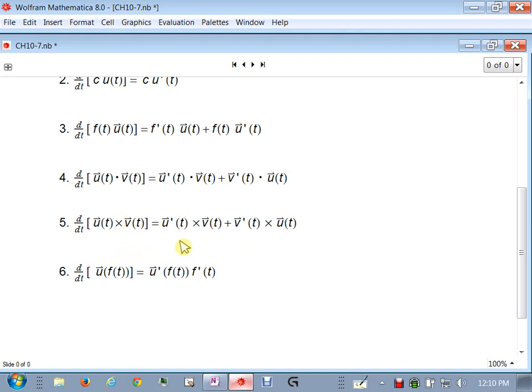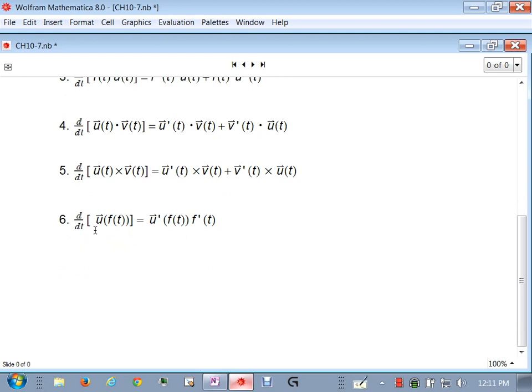You could show these yourself by taking u of t, calling it u1, u2, u3, then v1, v2, v3, then cross them, take their derivative, and confirm that it matches up with this. Take derivative then cross, take derivative then cross, and put those together. The left and right-hand sides should match. But I'm not going to verify it.